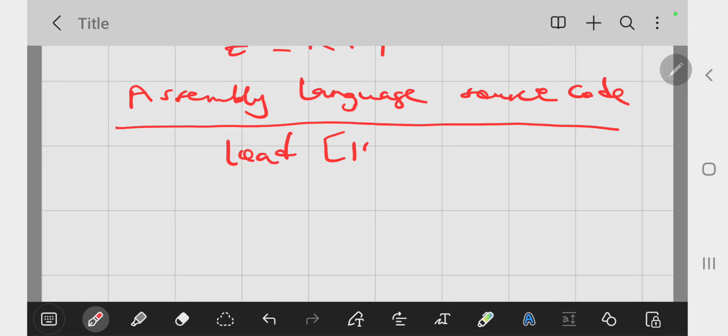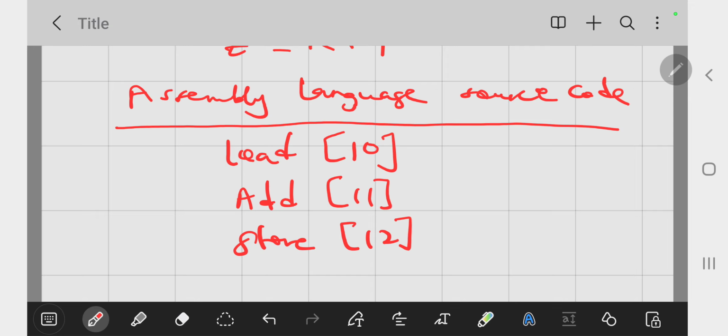For the purpose of this example, consider this: Load 10, then add 11, and then store 12. This is a classical example of an assembly language source code. As a human being, you would look at it and be like, what does this mean? Load 10, add 11, store 12.